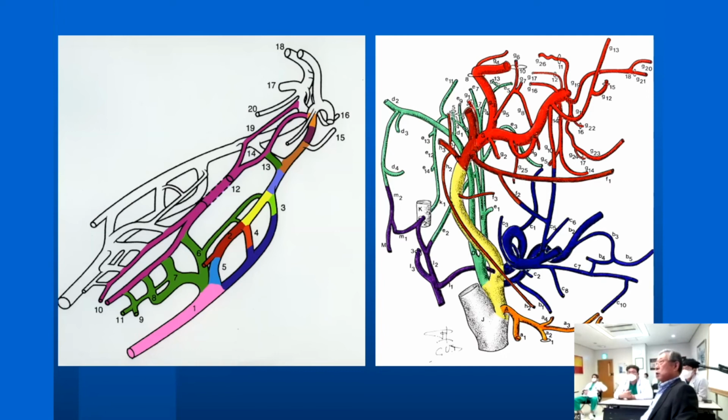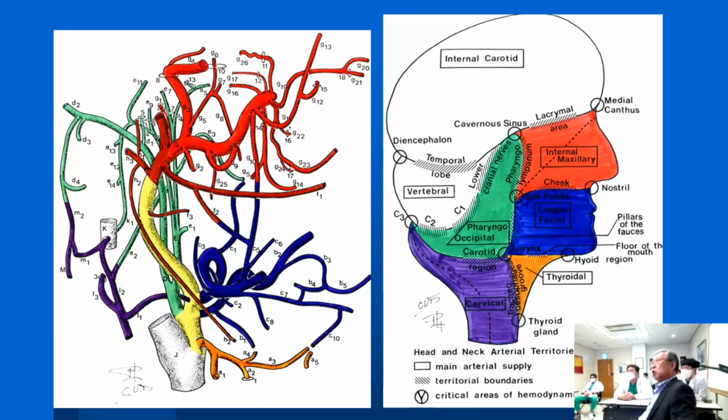What I'm trying to say is all the vessels are connected, and you can put this on the face. The red is the internal maxillary artery, green is the pharyngo-occipital artery, blue is facial, lingual, thyroidal, and violet is the cervical area. These connected segments all have collaterals.